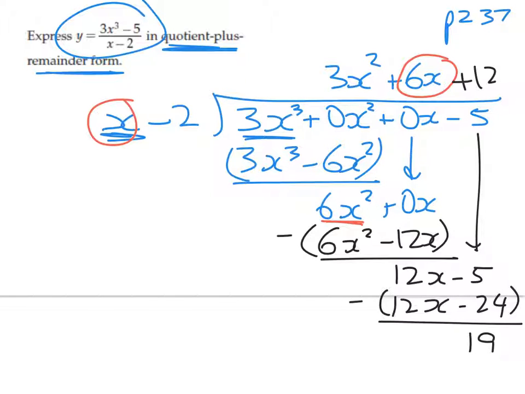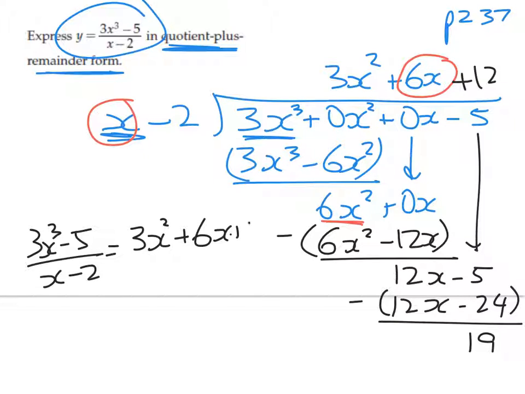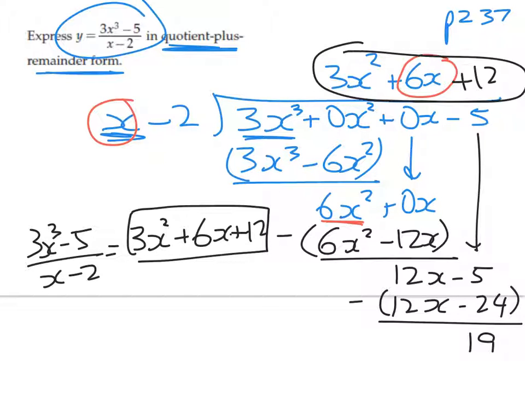So we can write this 3x cubed minus 5 over x minus 2 is equal to the quotient, the bit that falls out from the top, I'm going to call that q, plus my leftover, 19 divided by x minus 2.